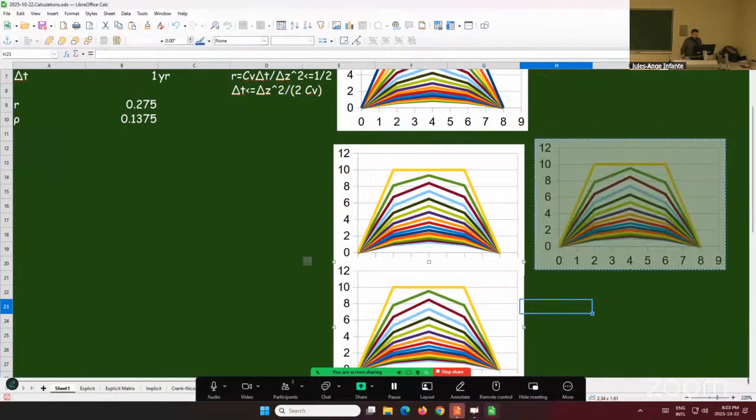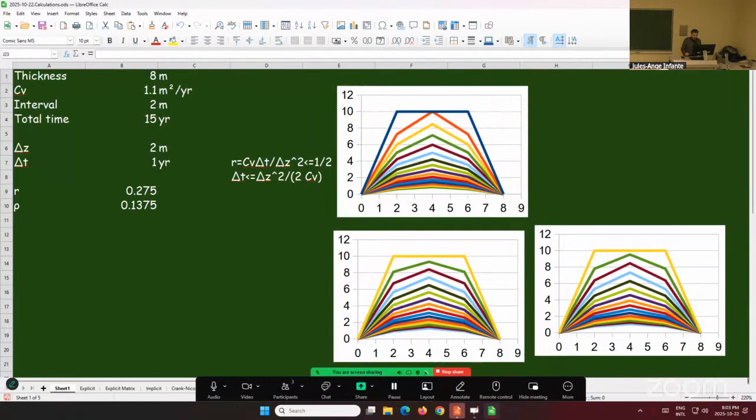So you can see that the Crank-Nicholson is a kind of a little average in between the two. And interestingly enough, despite the same time step, we get more of a reduction in pore pressures in the explicit method in this case, although it starts with more of a lag.